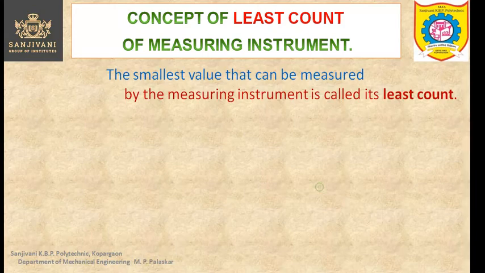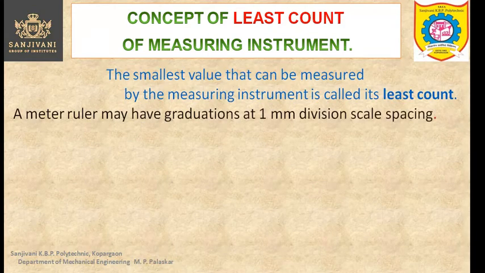that particular measuring instrument. So if we take the example of a simple meter ruler, a simple scale, you will find that the divisions which are marked on that particular scale are having a distance of 1 mm.